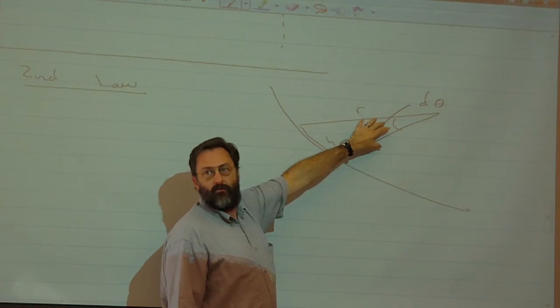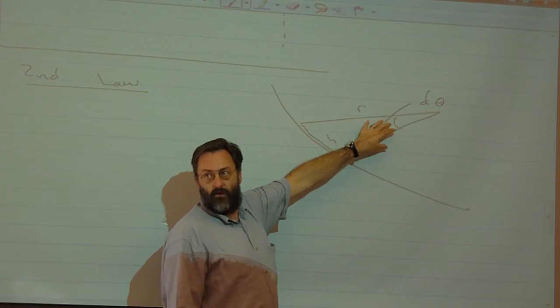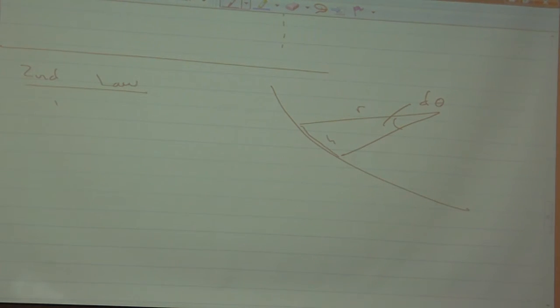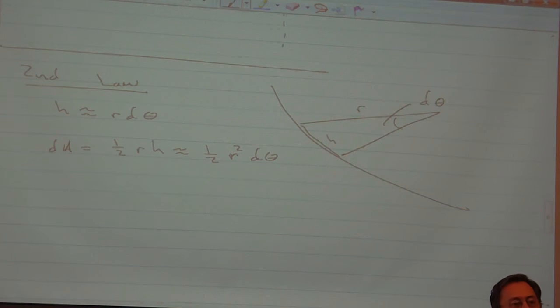So now I got a little triangle. How much area does my triangle have? Well, h is approximately r d theta. And the little bit of area that my triangle has is 1/2 r h, which is 1/2 r squared d theta. So that's the area of my little triangle for my little angle d theta.